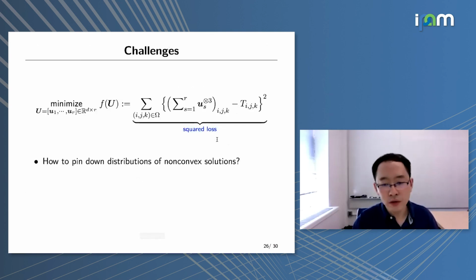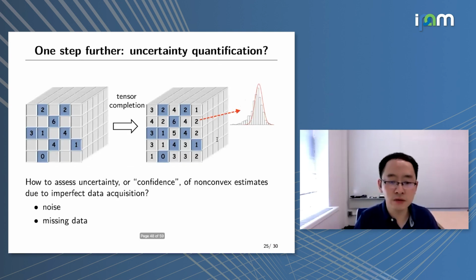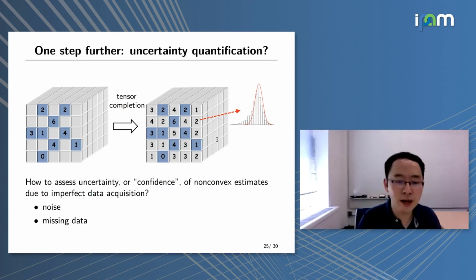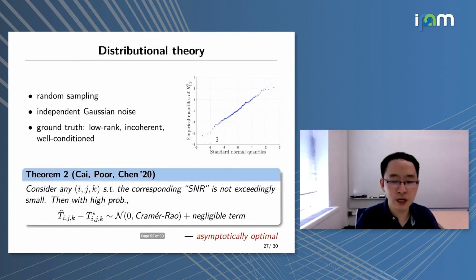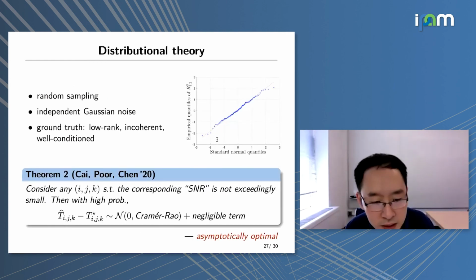Okay, so this is a very difficult thing to do because we are solving a non-convex problem. It's usually very difficult to develop a distributional theory for a non-convex algorithm. But fortunately, the leave-one-out analysis that I mentioned allows us to do so. So let me just quickly mention what we can say.